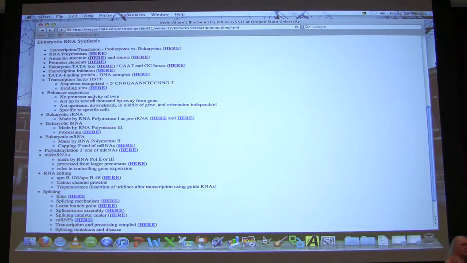If it needs to be expressed in bone cells, then there may be, in addition, another sequence element that's upstream that would have a bone sequence protein binding site. All right? So using these sequence elements, cells can actually specify where and when those individual genes are transcribed.